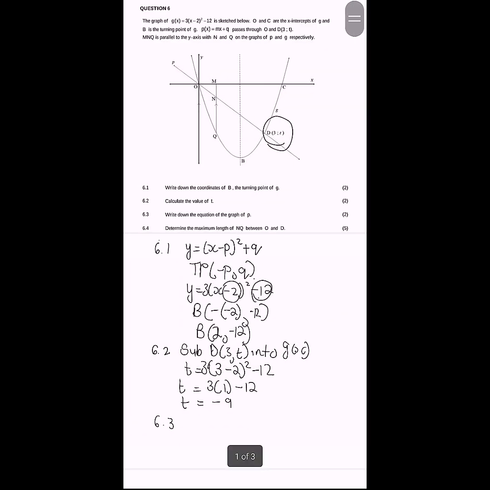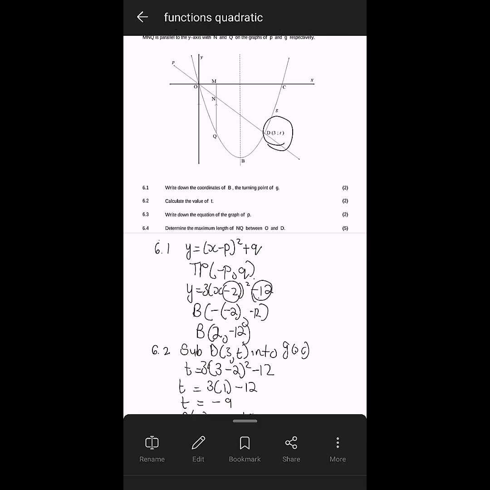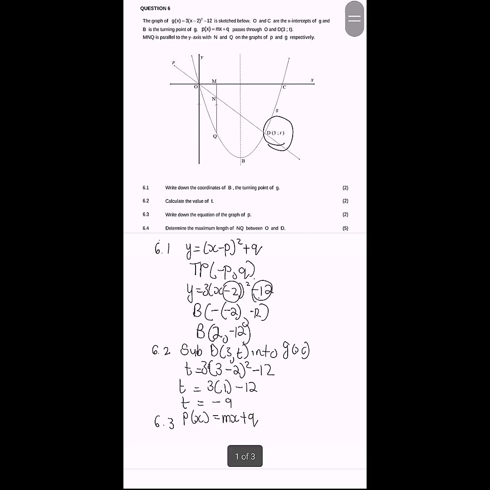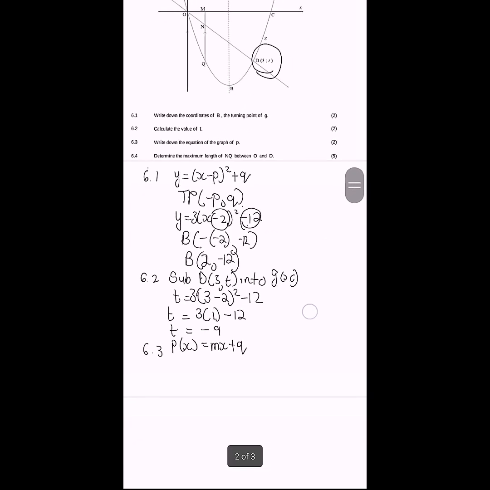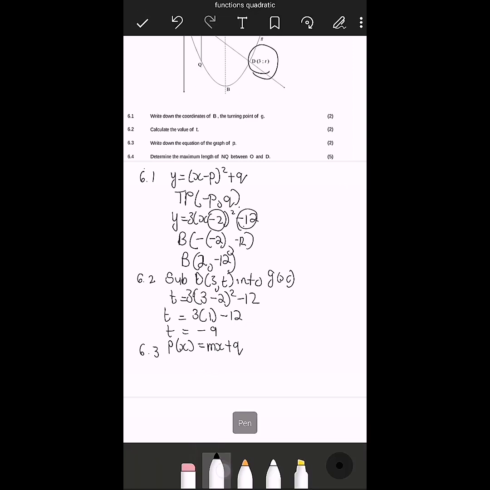Okay, so 6.3 says write down the equation of the graph of p. So we have p(x) = mx + q. Okay, so what do we have on the graph? At the moment, the only things that we have are the coordinate of D and also the origin.